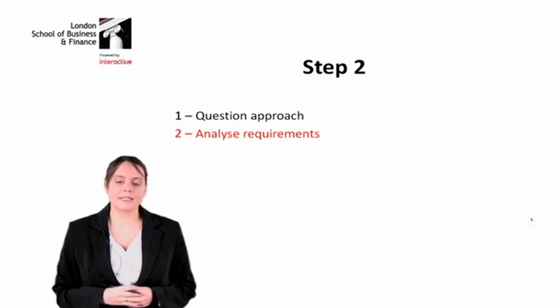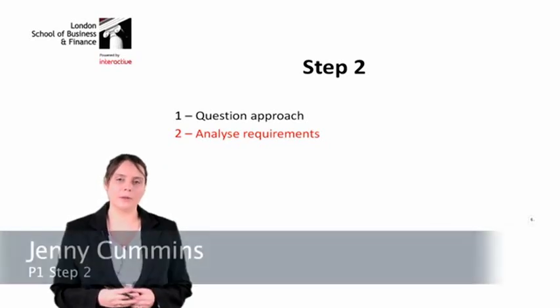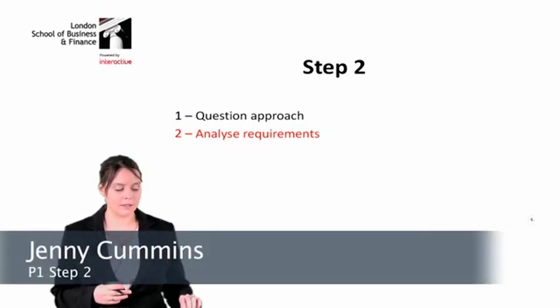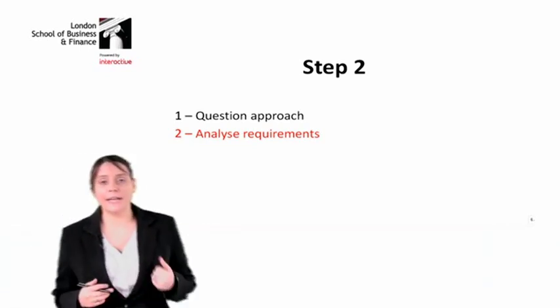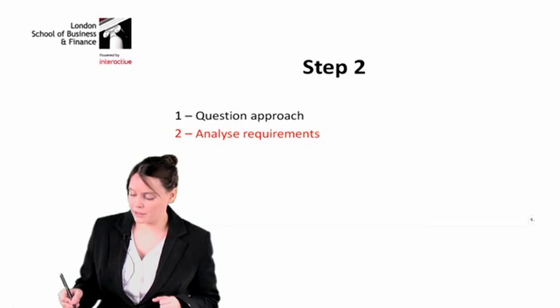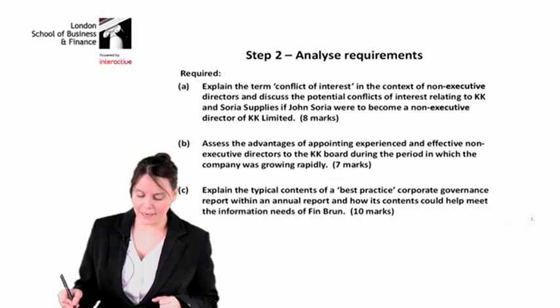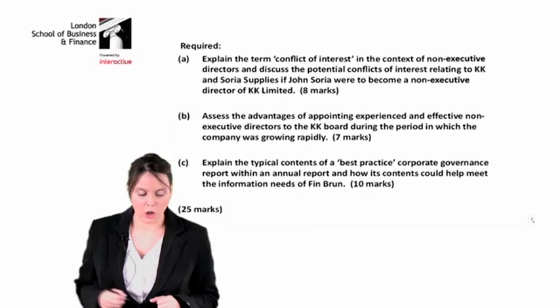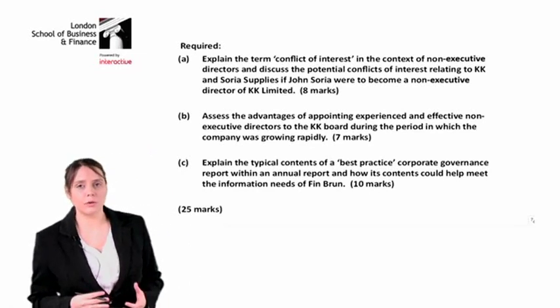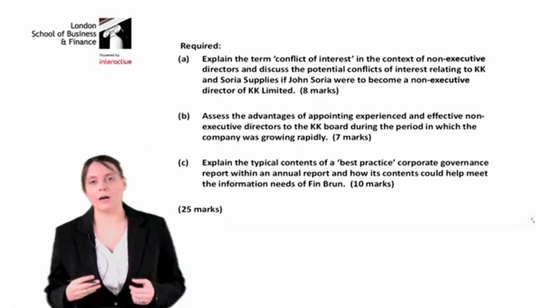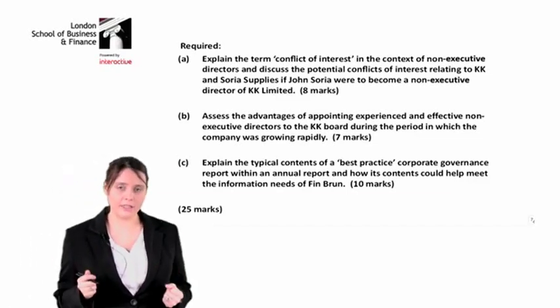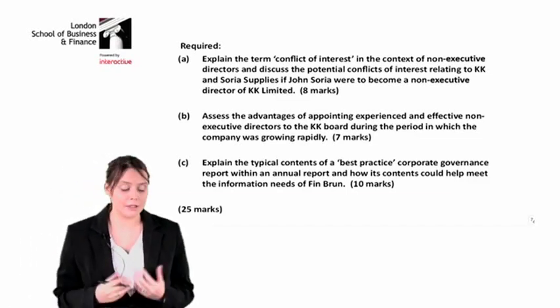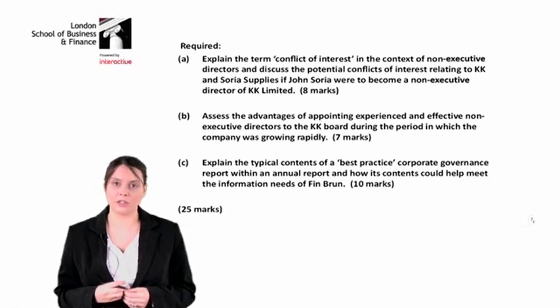Okay, so this brings us in then to step 2, where we're going to begin our analysis of the requirements. Now, if we have a look again at our requirements for our Section B exam question, what we need to do first of all is go through these requirements and make sure we understand what area of the syllabus is being examined or tested in this question.